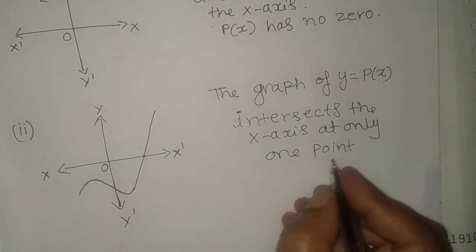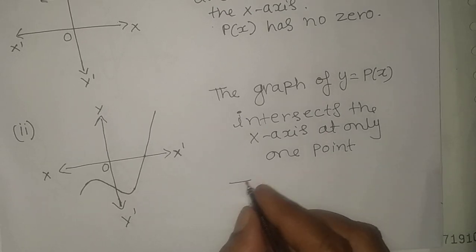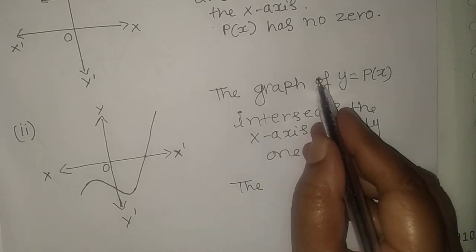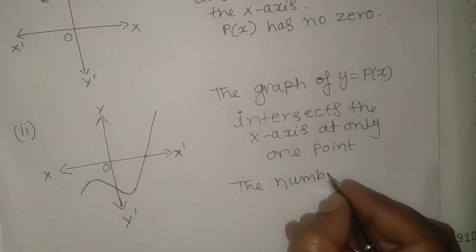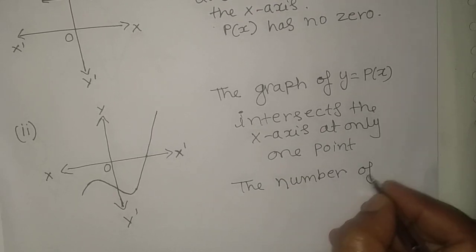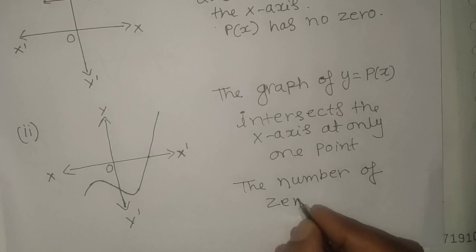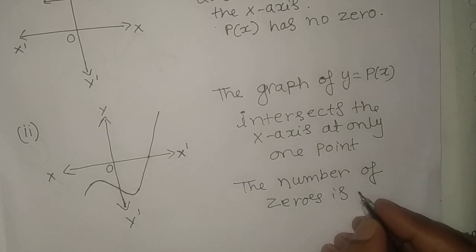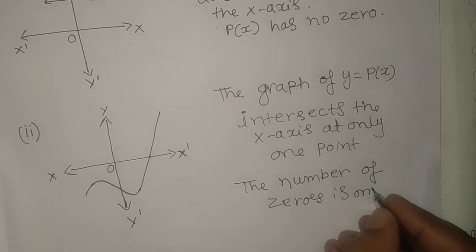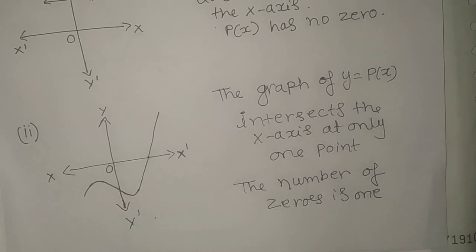So the number of zeros is 1. That's all for this one.